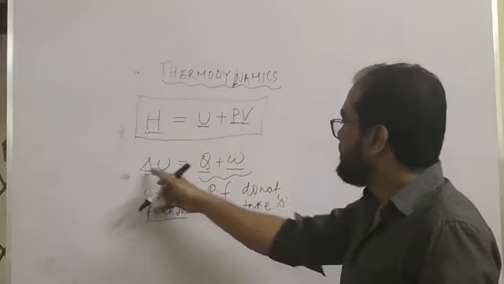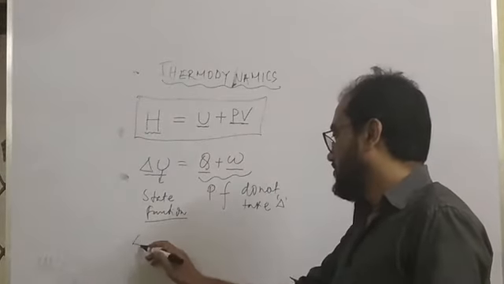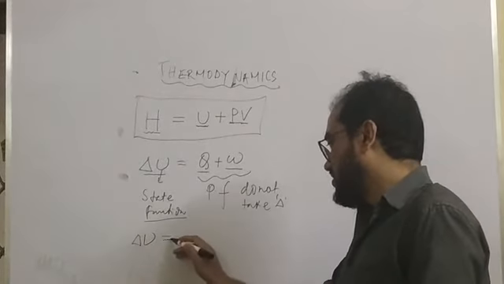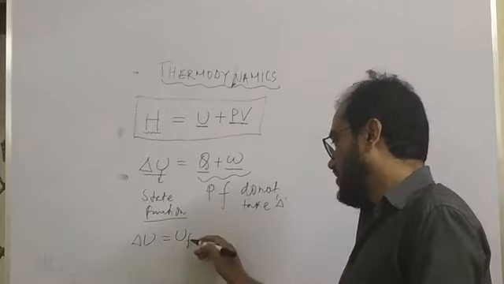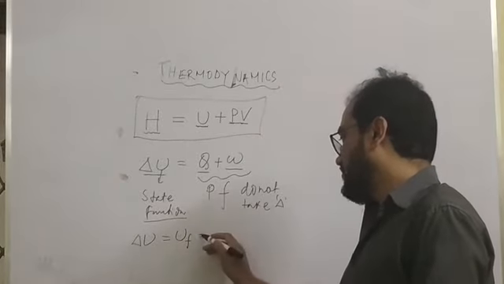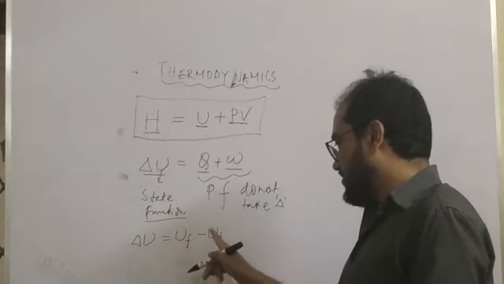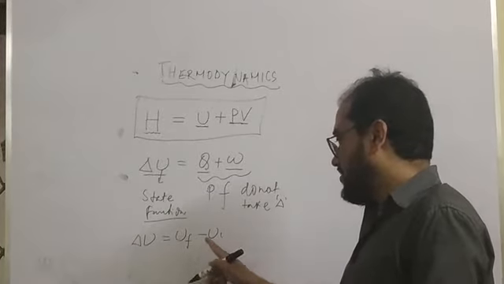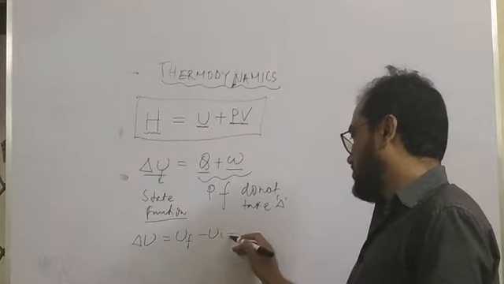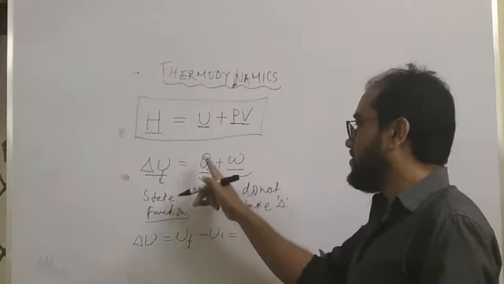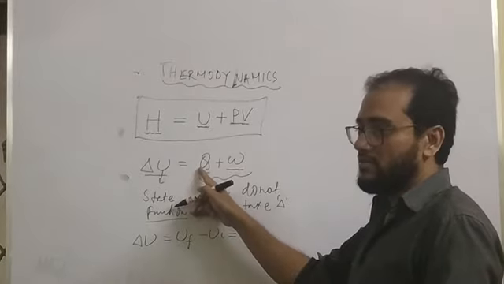Now let us rewrite this equation in another way. Delta U could be written as U final minus U initial, that is final state minus initial state, equals to. Now could you write it as final value of Q, initial value of Q? No, you can't.